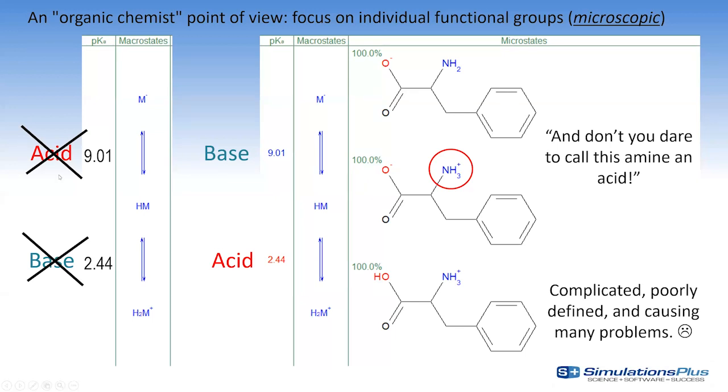So that, boom, you cross out acid and put base. On the other hand, the proton comes off the carboxyl group, so it must be an acid. So it's completely reversed. It's complicated because you mix macroscopic pK with microscopic states.